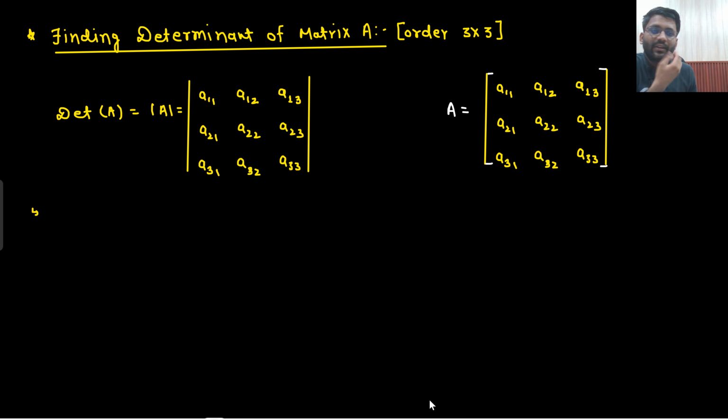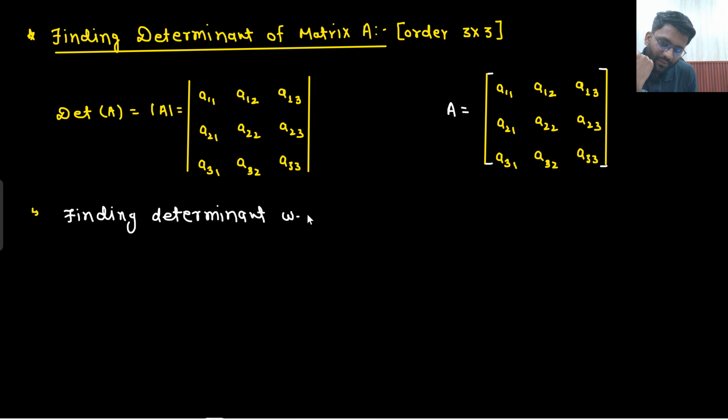Now how will I find the determinant? There are multiple ways of finding the determinant. So I am writing down: finding the determinant with respect to row 1.